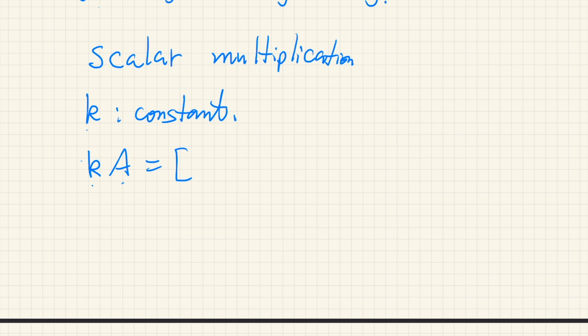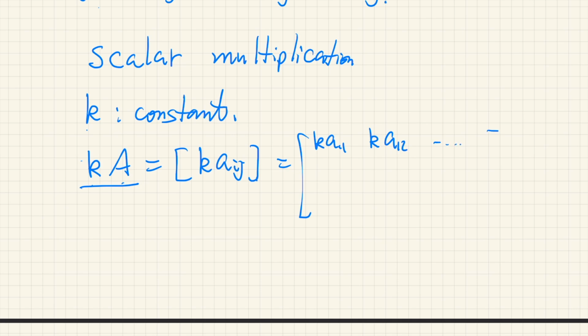A constant is also called a scalar. So this means the ij element of this new matrix kA is k times a11, k times a12, and so on. So each element is multiplied or scaled by the constant k. That's why we call it scalar multiplication.